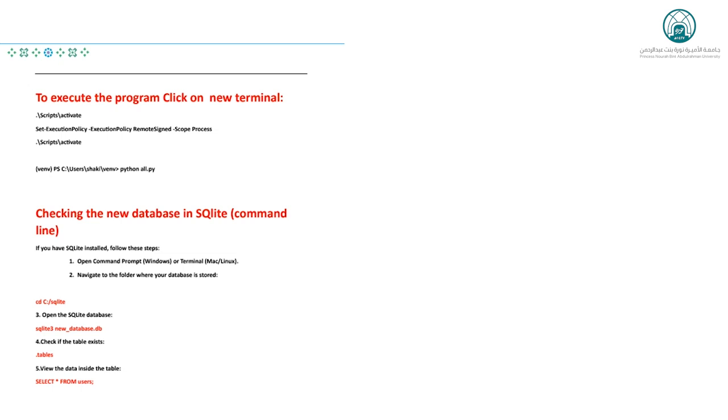Now, how to check the new database in SQLite? So we just click on run, CMD, and here I give the same cd SQLite. This step is not to create the database. This step is to check whether the database is available or not. I give sqlite3.